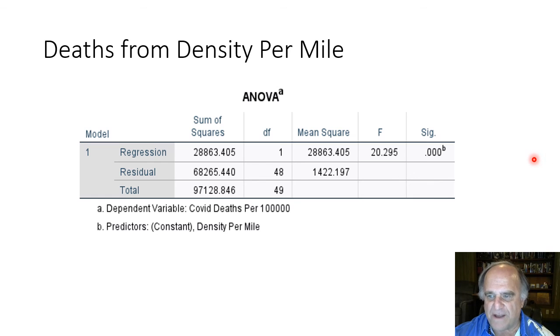We could look it up in an F table, but we'll trust the computer value. The computer tells us the probability value associated with that F is approximately 0.000. So it is significant at the 0.05, the 0.01, and even the 0.001 level.